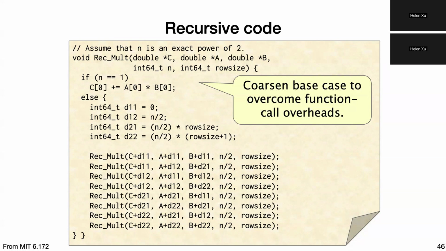No, sorry, row size is the total length, and N is what is in the submatrix at this point, because N gets halved, and row size stays fixed throughout the recursive calls. And this is kind of what we were doing a couple lectures ago, where you have to find the starting point of each submatrix, and then we have 8 recursive calls.